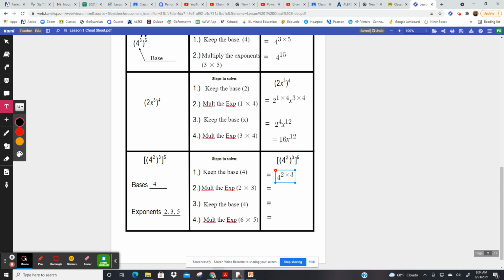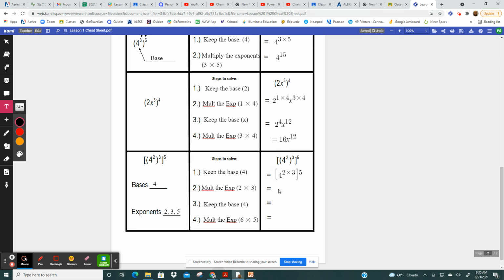And that's what's in the brackets here. We've done that. So I'm going to put a bracket here, and then close my bracket. And then that bracket has a 5 on the outside. So I'm going to hit Shift 6 and then put a 5 up there.